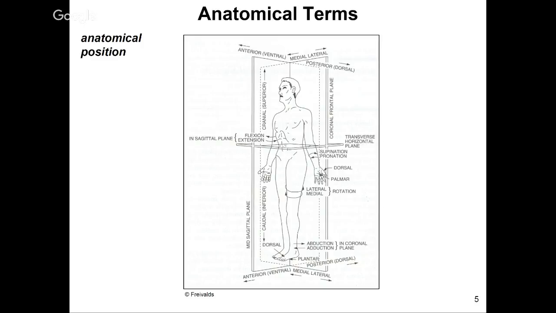Caudal is the front side, and dorsal is the back side. If you think of a dorsal fin on a shark, the dorsal is the back. This could also be called the anterior view. There's two types of movement.